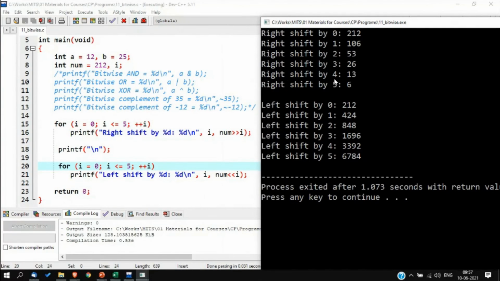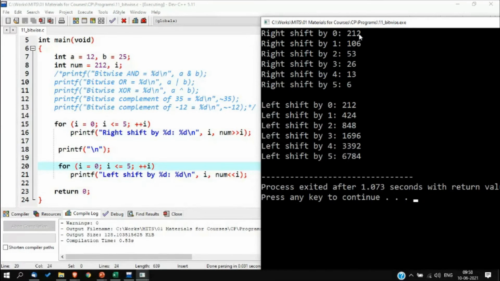Right shift by 4, it is 13. Right shift by 5, it is 6. Left shift by 3, it is 1696. Left shift by 4, it is 3392. And left shift by 5, it is 6784. Can you find any relation between these numbers?